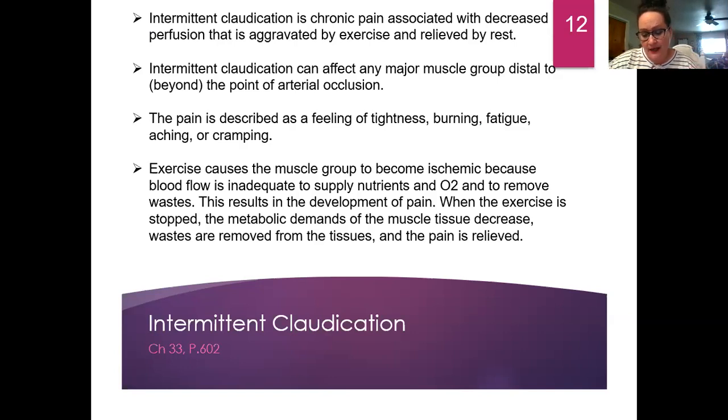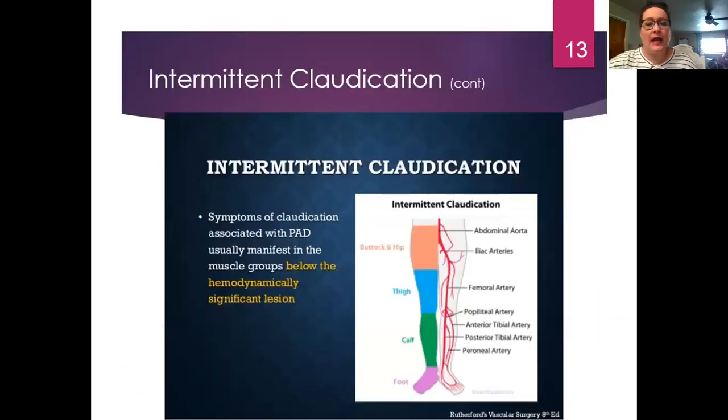Again, the symptoms of claudication associated with peripheral arterial disease usually manifest in the muscle groups below the area that's being affected. So let me show you a picture. I found this picture that I thought you would find interesting.